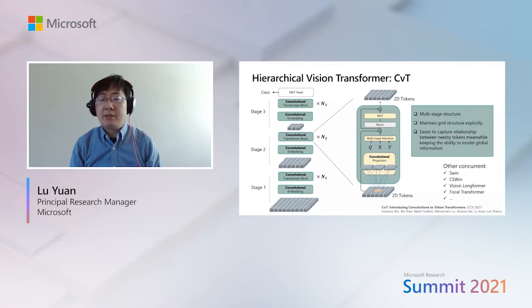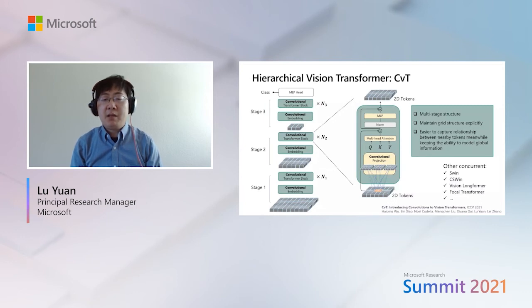On the other hand, it maintains the grid structure locally by incorporating convolution into transformer layers. After fusing both structures together, it can more easily capture the relationship between nearby tokens while keeping the ability to model global information.